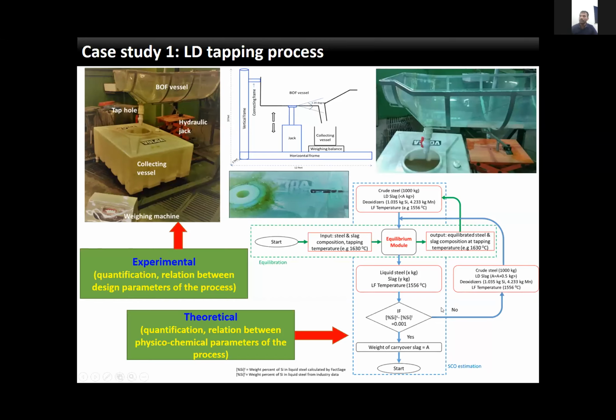I think as we are already running late, I will restrict myself from explaining this. If there is interest, I can explain maybe later. So now I am just mentioning that there is a theoretical approach we adopted to quantify the amount of slag carryover. As I already told, the different parameters are initial filling, flow rate, dwell time, nozzle diameter, and initial liquid height, which is the amount of steel.